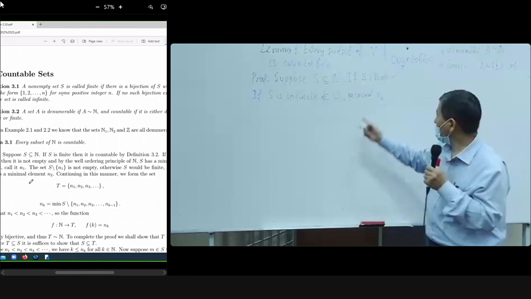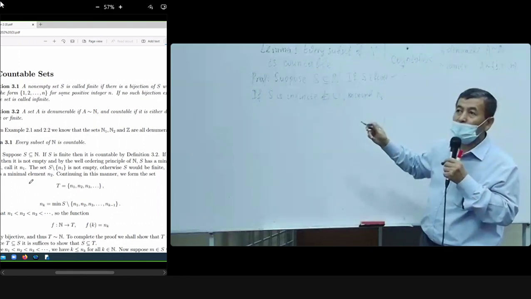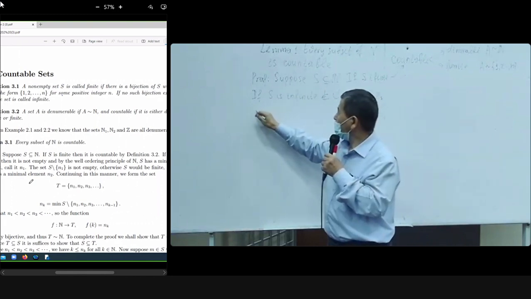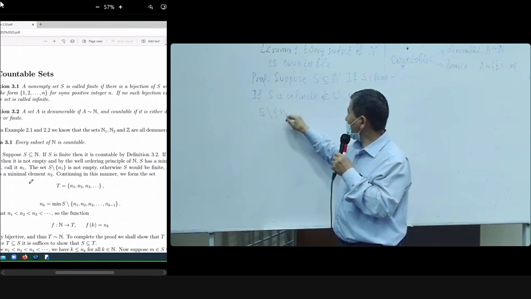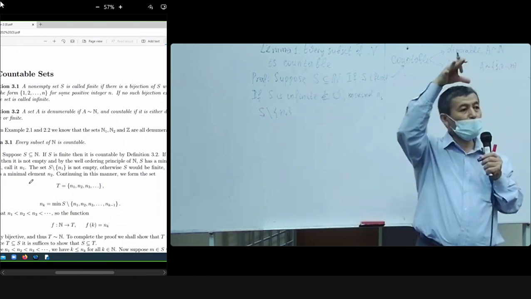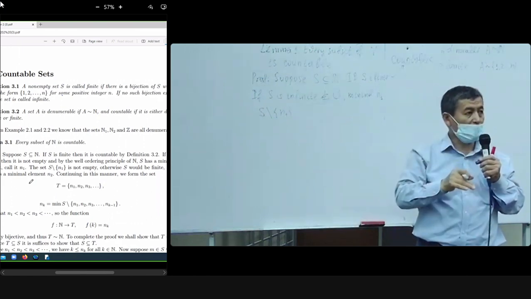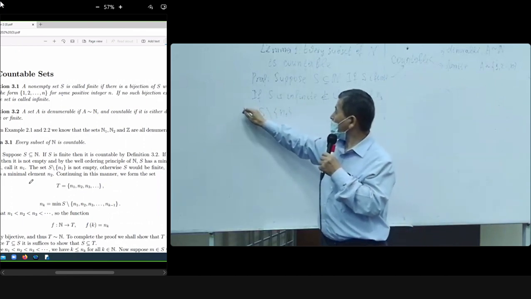That element will be denoted by n1. Then from S, we take out this number n1. So it means we reduce one element. So the next set, let's say this one is S1.